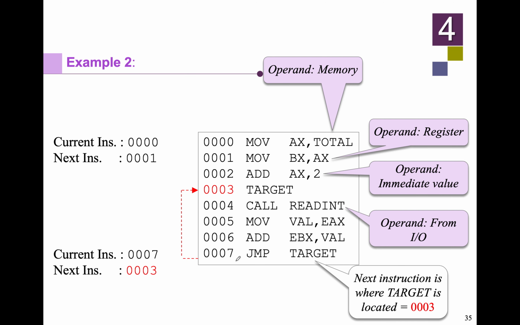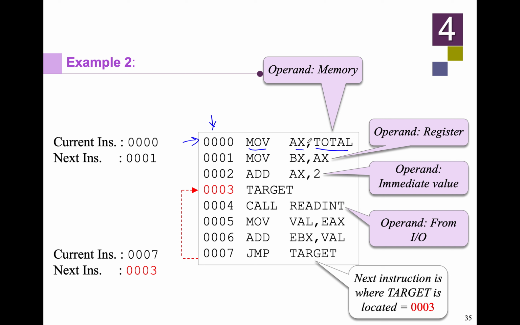This is example number 2. You can see what is available. This is the first instruction: MOV AX, total.